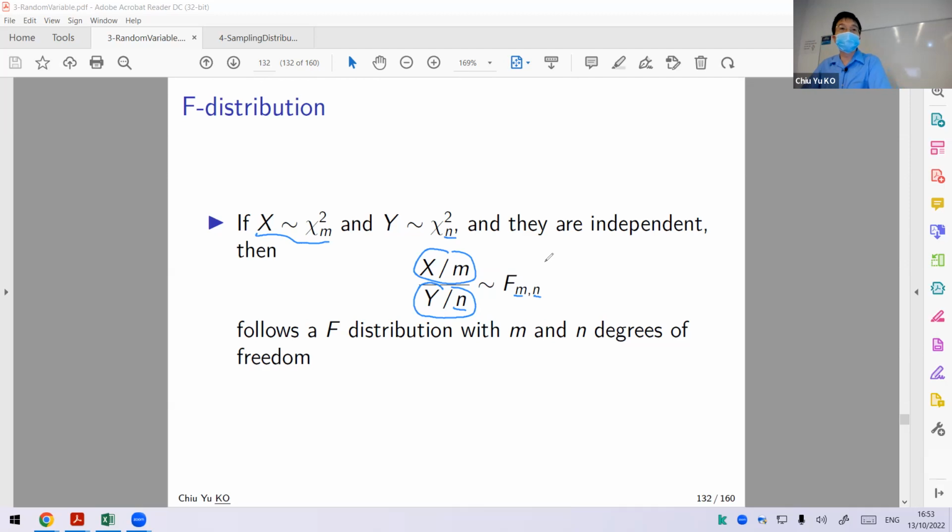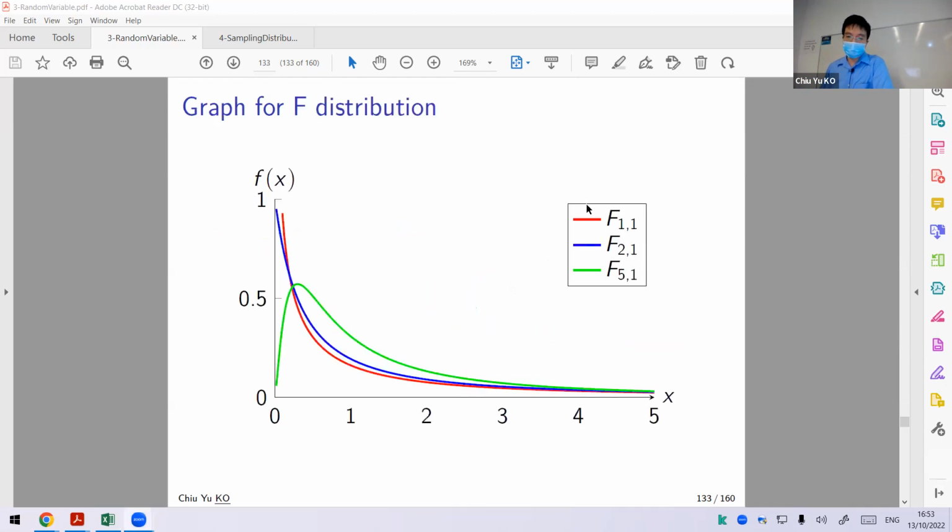So F is something we keep using, and probably you want to ask what F looks like, and the shape is not really surprising. It either looks like the exponential graph or looks like chi-square, depending on what m and n are. So it eventually drops down. It's more like exponential, but sometimes more like chi-square.